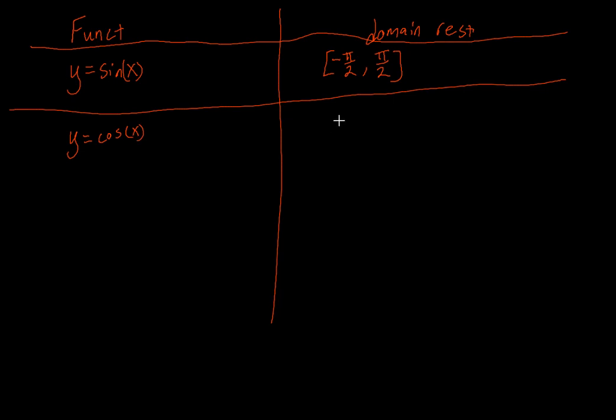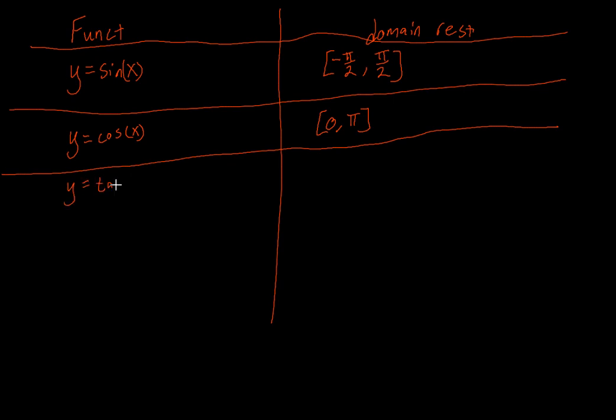This restriction here is going to be from 0 to pi. For y equals the tangent of x, you've got the same thing as sine, except now you've got parentheses to show you that it is not included inside of those restrictions, because that's where you find those asymptotes.